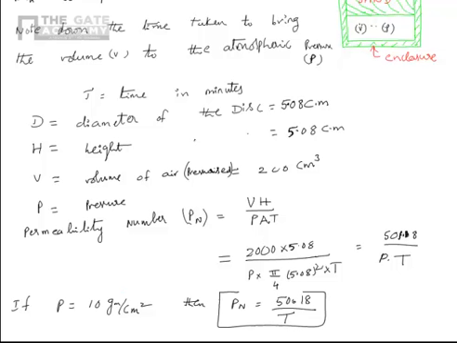Next, strength. Strength is also one of the important properties of sand mold. Strength, there are two types, green strength and dry strength. First one is green strength. As we have discussed, the green sand mold is called that if water is used. Instead of water, if you use sodium silicate, then it is called dry sand mold.